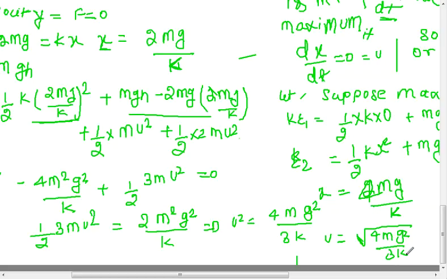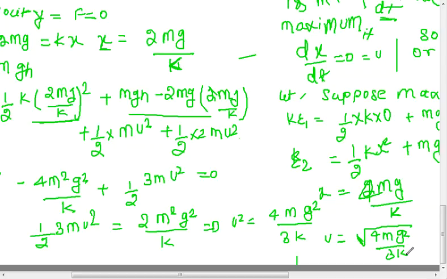Okay guys, if you look at this question, solving it is nearly a one or two step thing. Finding the solution is not a great thing, but to analyze whether energy is going to be conserved or not, why energy is conserved, what is the role of conservative forces, why we always take potential energy due to earth as mgh, these things are very important for the future chapters.